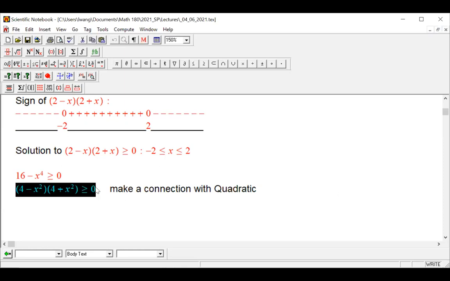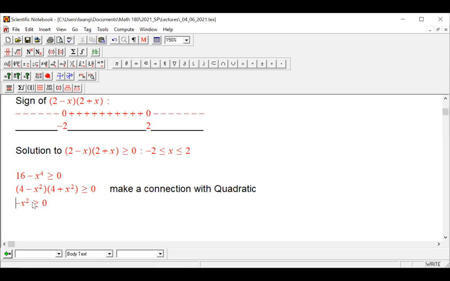From here, I'm going to divide both sides by 4 plus x squared. So from here, I'm going to just write 4 minus x squared greater than or equal to 0. I don't continue to factor anymore. Do you guys notice that? Isn't this a quadratic function?